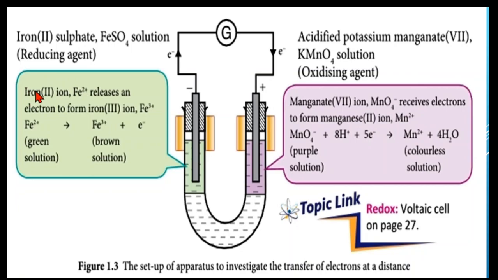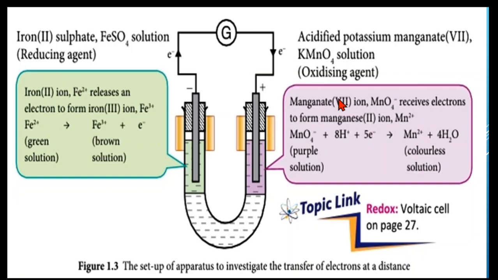Here is the ion, Fe2+. It releases an electron, forming Fe3+ ion. So the electron will flow into the conducting wire here and will be received by this one.